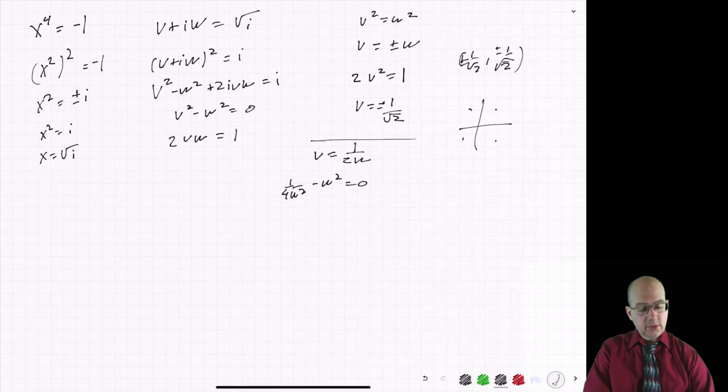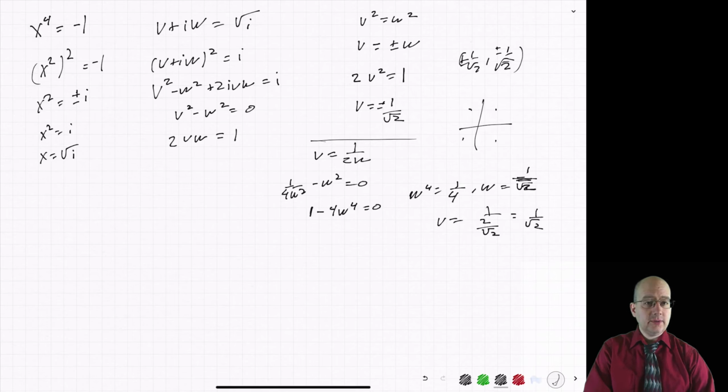Multiply out that fraction, and you get 1 minus 4w to the 4th equals 0, or w to the 4th equals 1/4, w equals 1 over root 2, and then v equals 1/2 over root 2, but that's just 1 over root 2.